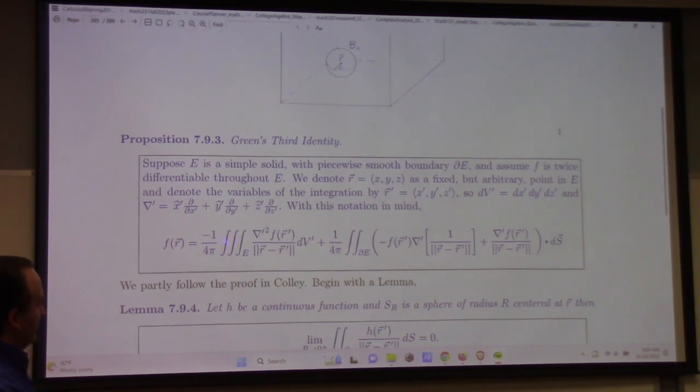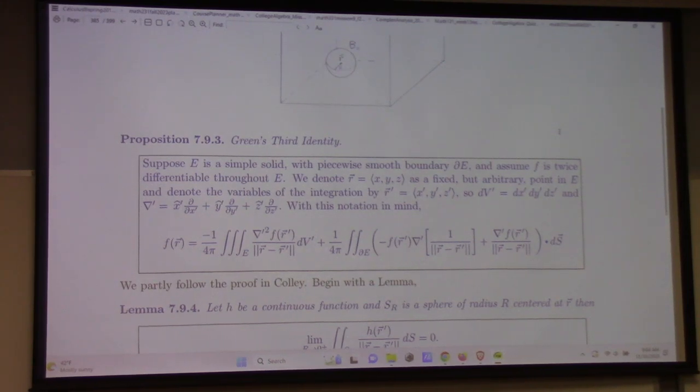It's equal to the triple integral of the Laplacian divided by the distance between the point and the prime point, integrated over the prime point. And then also this other term, which involves the gradient of the reciprocal function and this business over here. It takes about 2 pages to prove that.